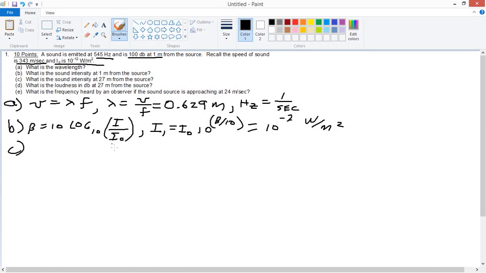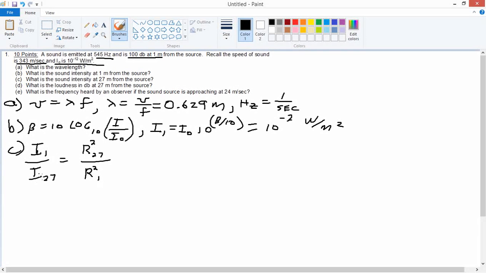Part C. 27 meters from the source. What is the sound intensity? Well, I1 over I27, this is the inverse squared law, ladies and gentlemen, is going to be the distance squared at 27 meters divided by the distance squared at 1 meter. They're inversely related.